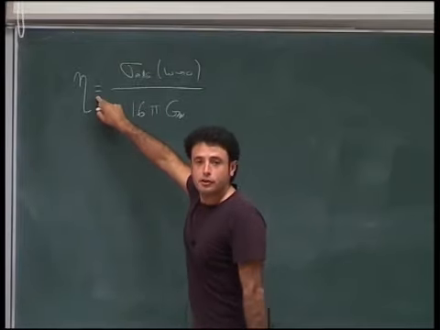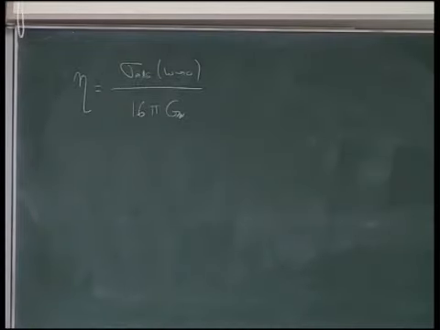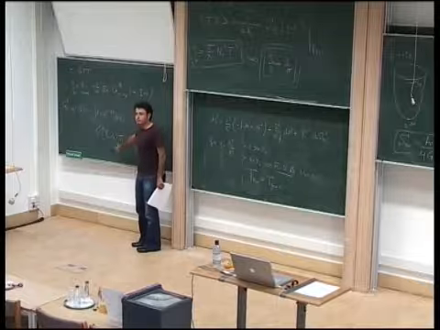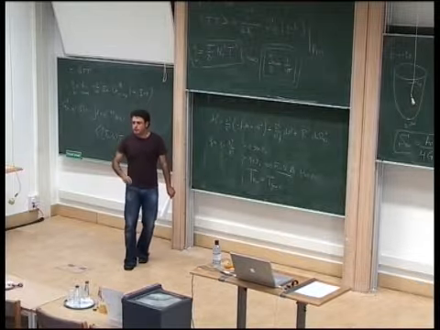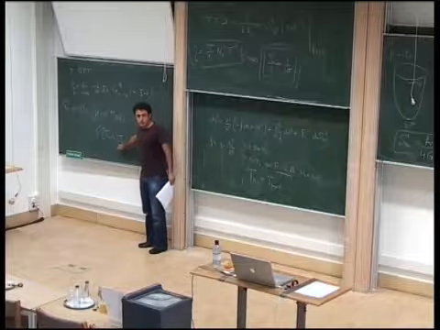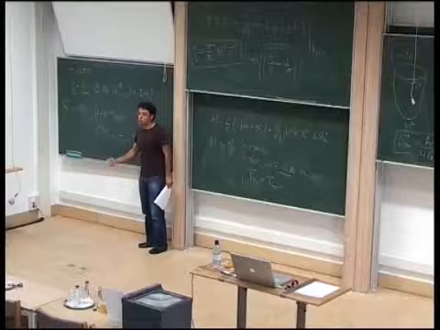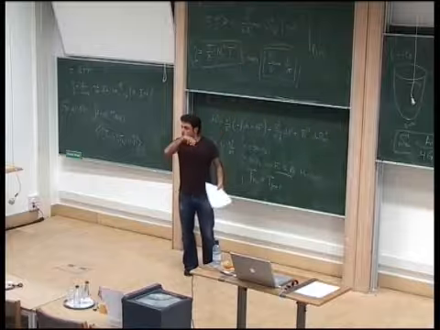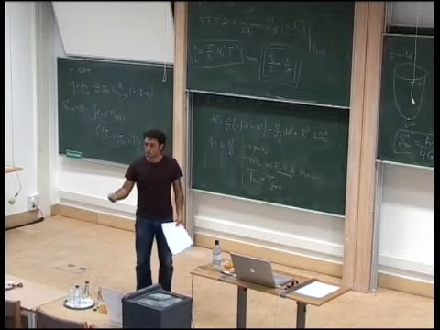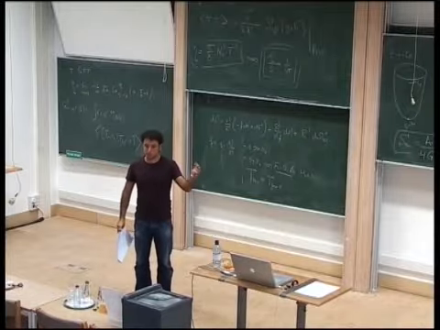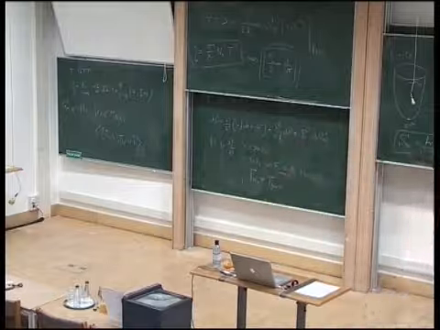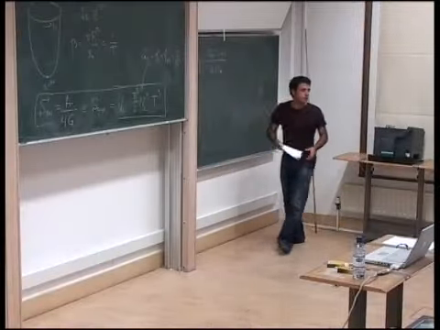This equality is something you can prove using this prescription, this formula, and then writing down explicitly the way you calculate this two-point function, this correlator, holographically. You end up looking at a fluctuation of the metric h, but you can rewrite the equation of motion for this fluctuation as the equation of motion for a minimally coupled scalar, and then show that eta is exactly equal to this combination, up to a factor, the absorption cross-section.